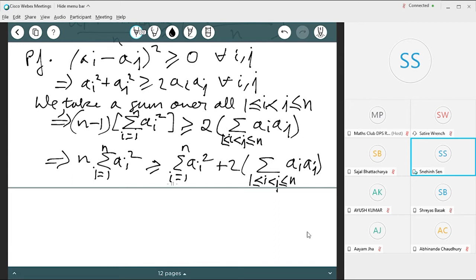This is a good exercise in induction, or you might have done it in your algebra courses. The right hand side over here is nothing but sigma ai, i equal to 1 to n, whole square. This is the right hand side.